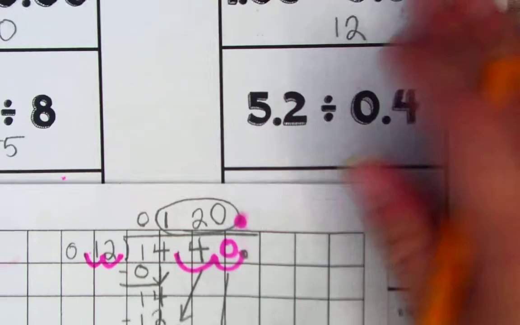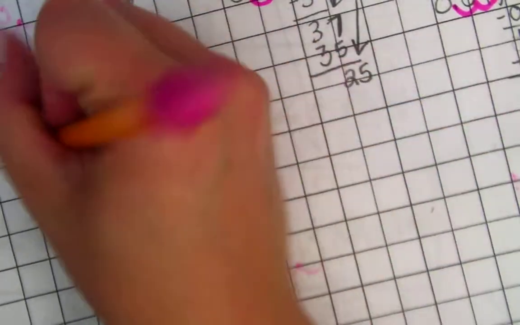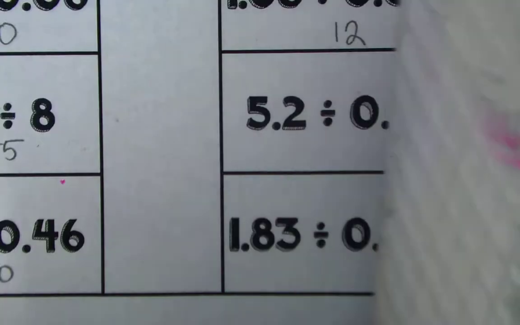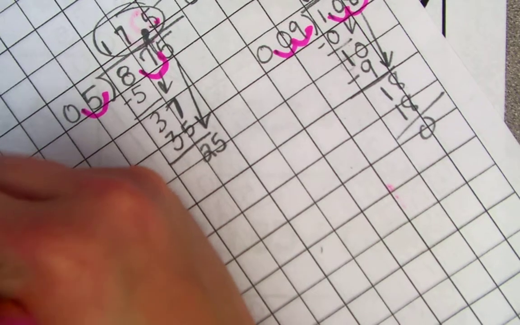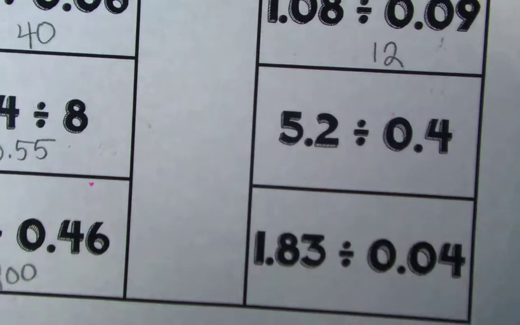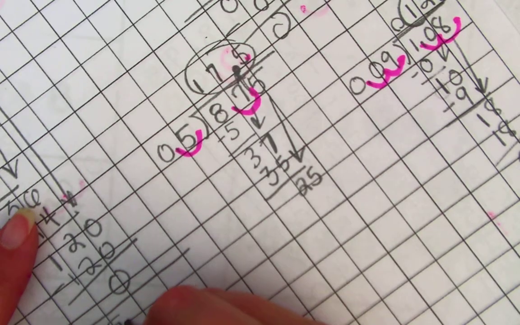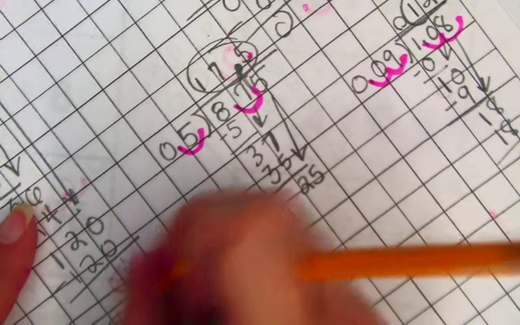Okay, next one, 0.4 divided by 5.2. Oops, straighten it for you guys.